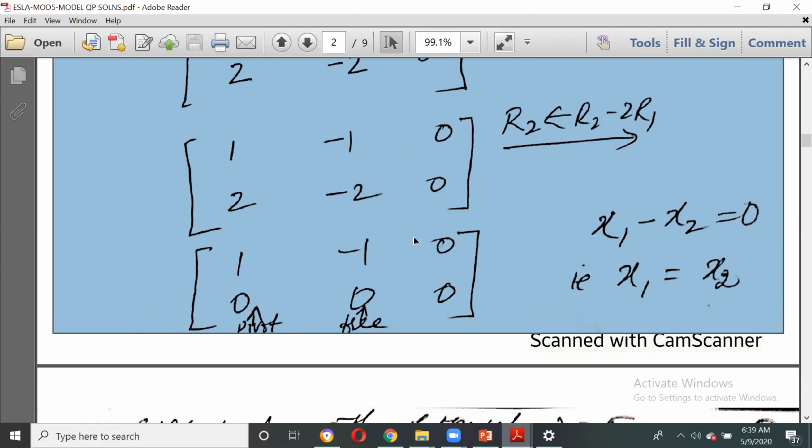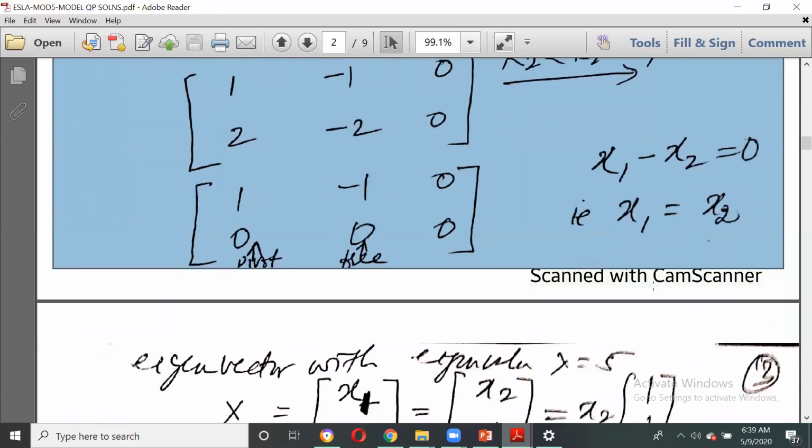So from this, you need to write here x1, x2. 1 into x1 minus 1 into x2 will give x1 minus x2 equal to 0. And that is x1 is equal to x2. We should remember that x1 is the pivot variable and x2 is the free variable.